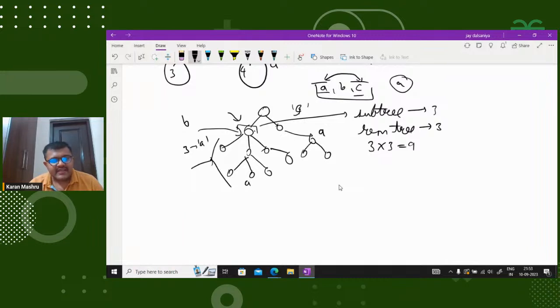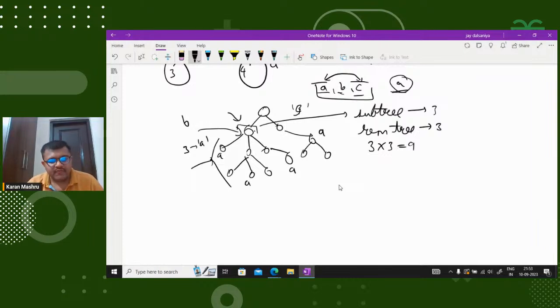Second thing is, I need a triplet ABC. If I consider that as B, one case is one character is in its subtree and another character is in the remaining part of the tree. What is another case? Another case is when both these A's are in its subtree, but in different parts.